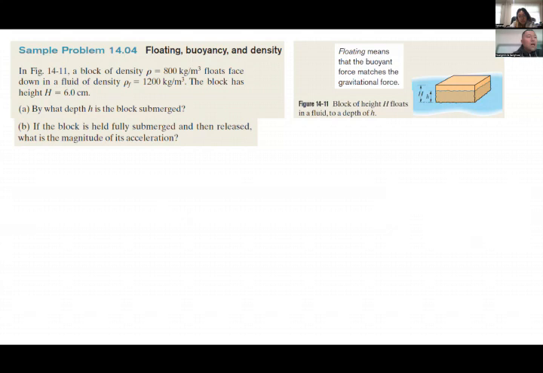So that upward force on the block should be the same as the downward gravitational force on the block. The buoyant force is equal to the weight of the fluid displaced by the submerged portion of the block. With that idea, you can derive the formula based on the definition of buoyancy.